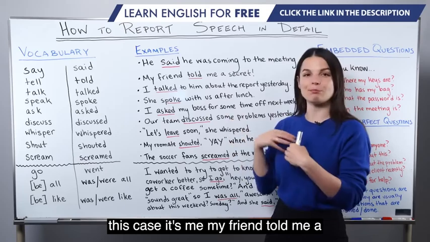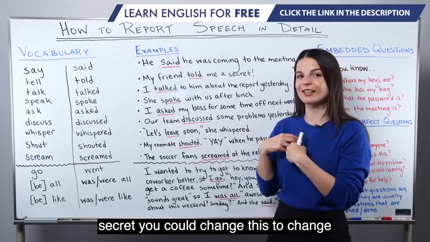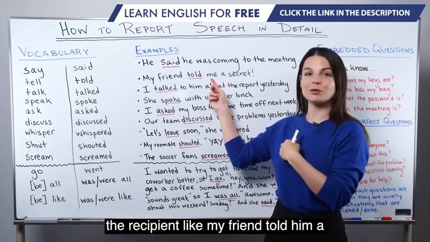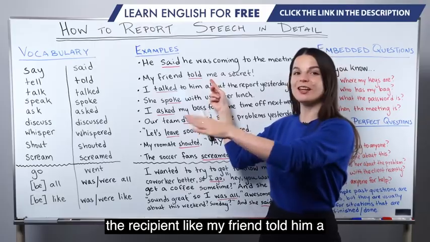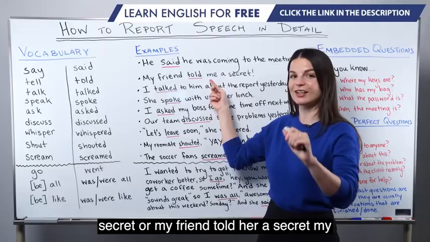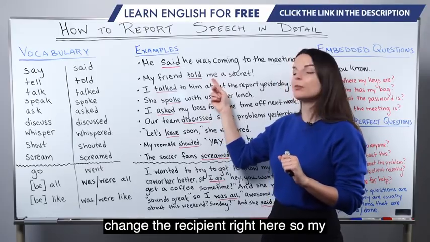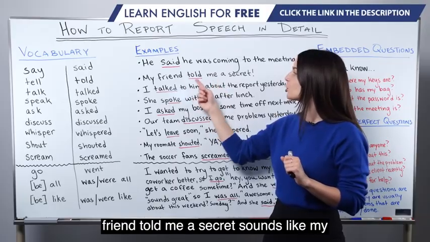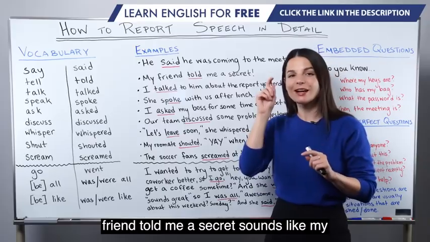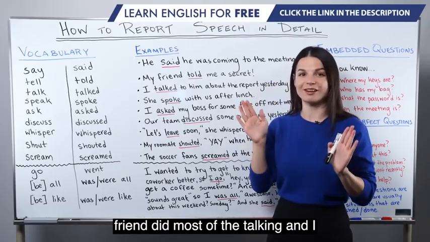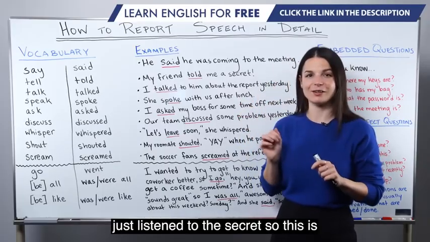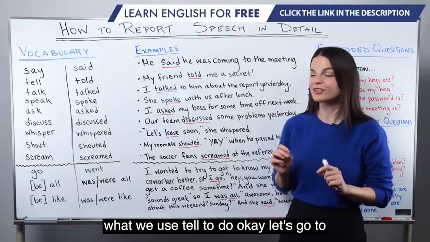In this case, it's me. You could change the recipient, like my friend told him a secret, or my friend told her a secret, or my friend told us a secret. My friend told me a secret sounds like my friend did most of the talking, and I just listened to the secret. So this is what we use tell to do.